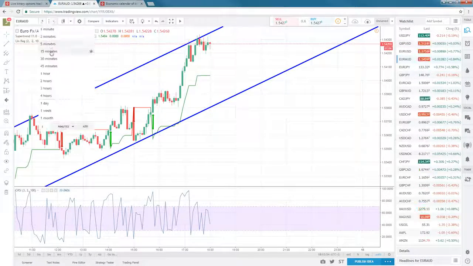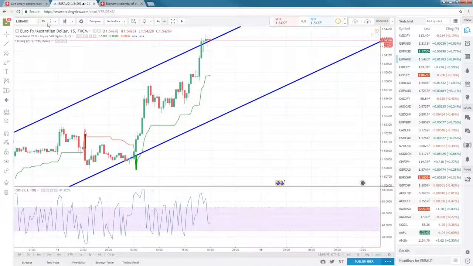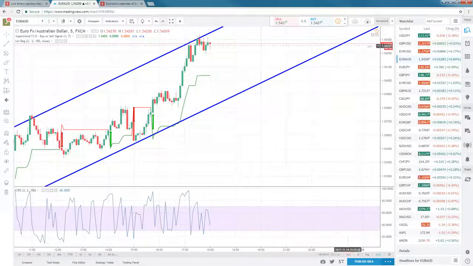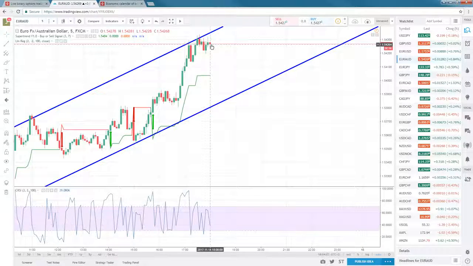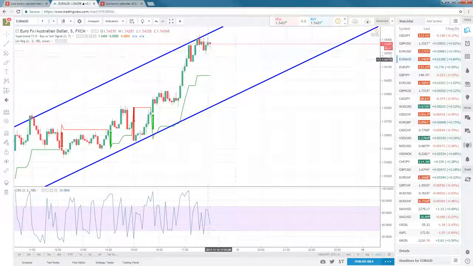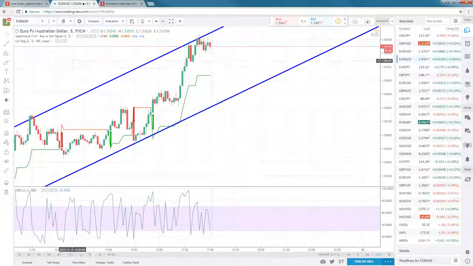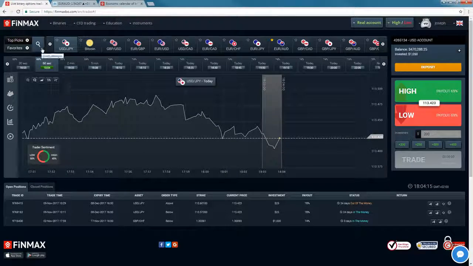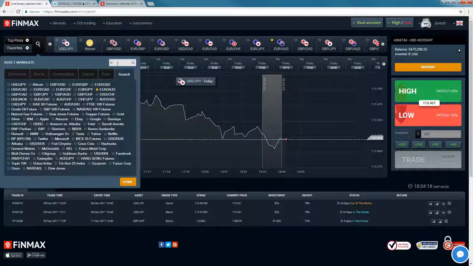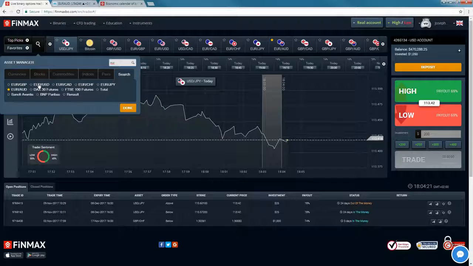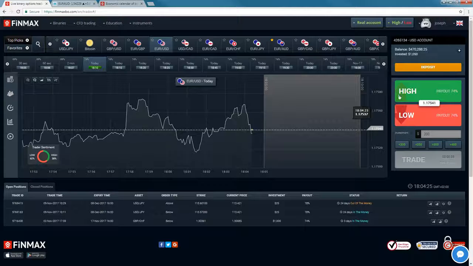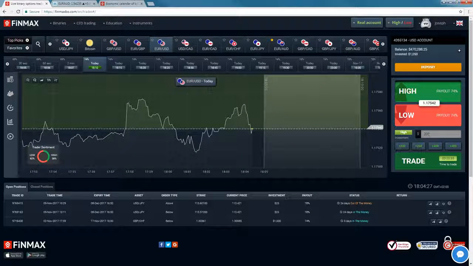Here, now let's check what is the trend of the price movement. We can see the trend is upward moving. So in 1 minute, if this candle is finished red, I'm going to trade on a price going high. Let's prepare the platform on Euro US dollar. And we are going to trade for 5 minutes high.